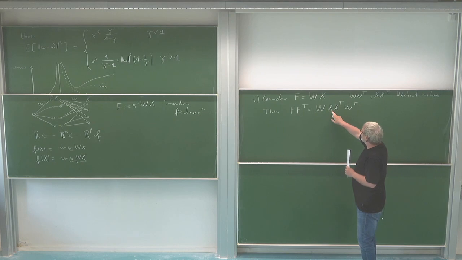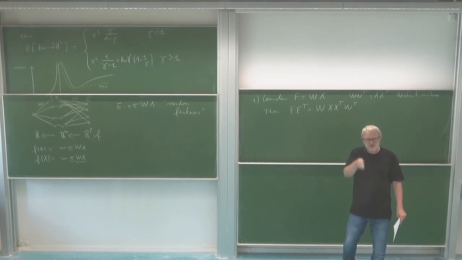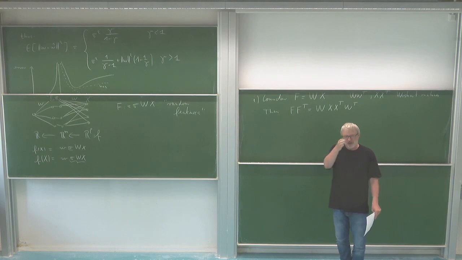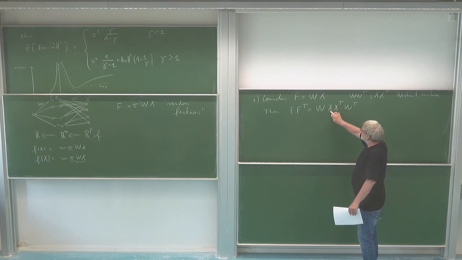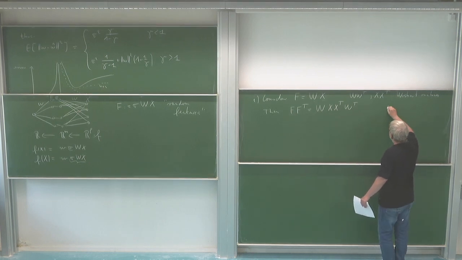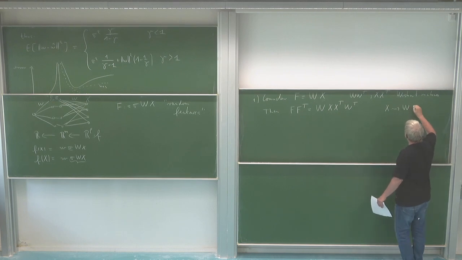So my matrix X are independent copies of a Gaussian random vector, and the Gaussian random vector usually has the covariance 1, which corresponds in a limit to the Marchenko-Pastur distribution. But if I'm conjugating such a thing here, or you could say, instead of x, I consider now wx.